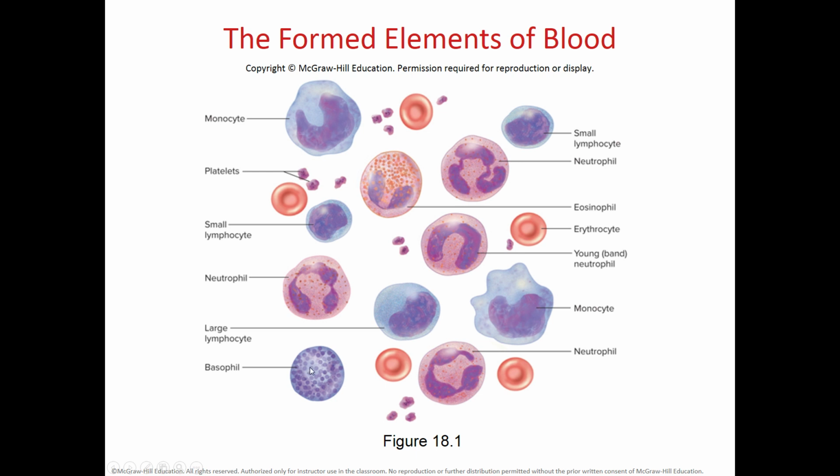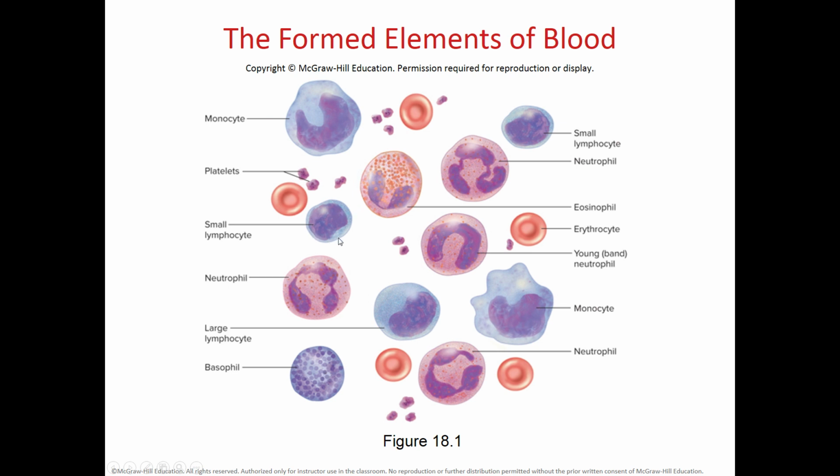Now, the third type of granulocyte will be the basophils. In the basophils, you can hardly see the nucleus because it has so many granules that they don't let you look into the nucleus. So these are the granulocytes: neutrophils, basophils, and eosinophils.